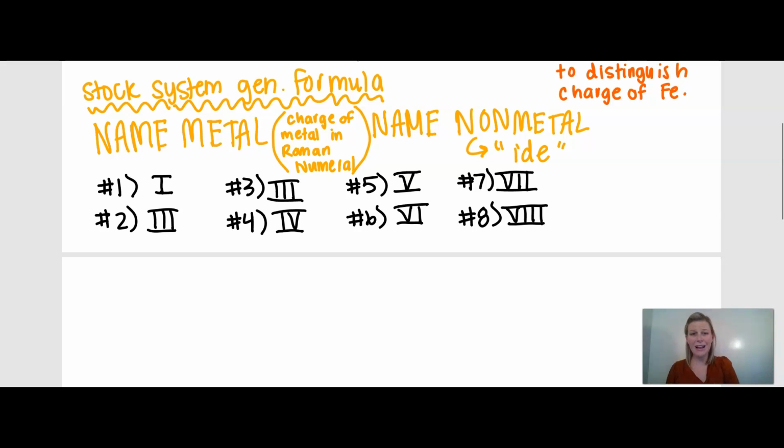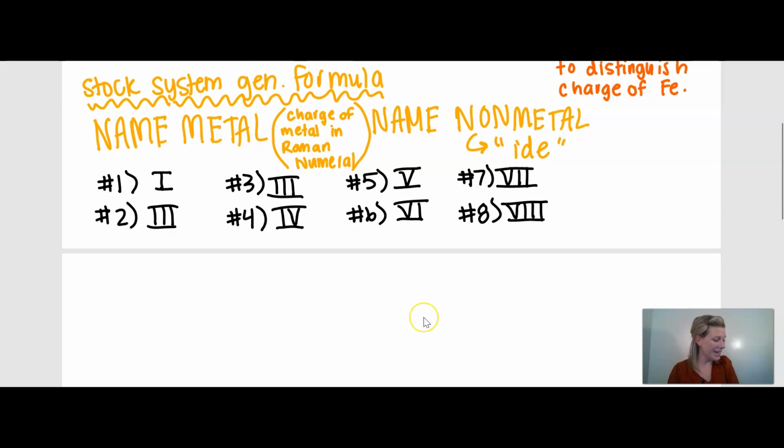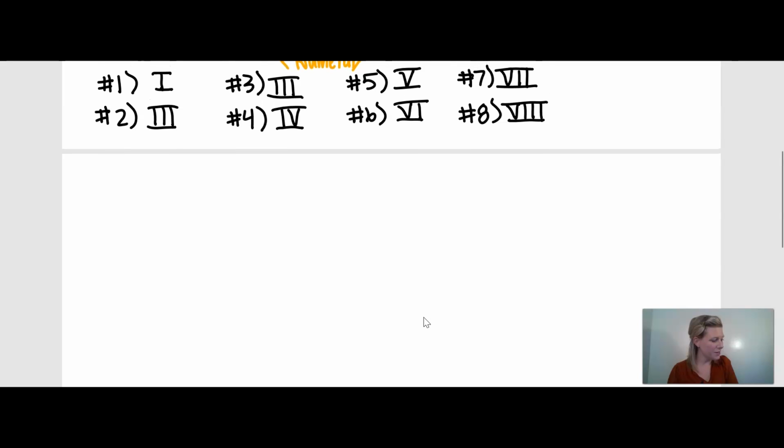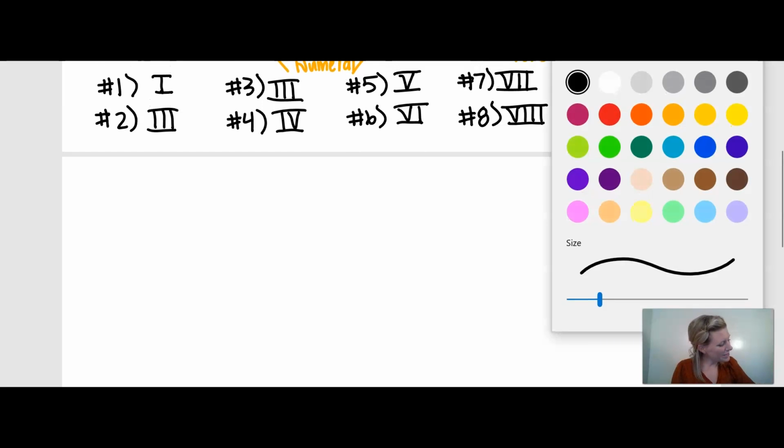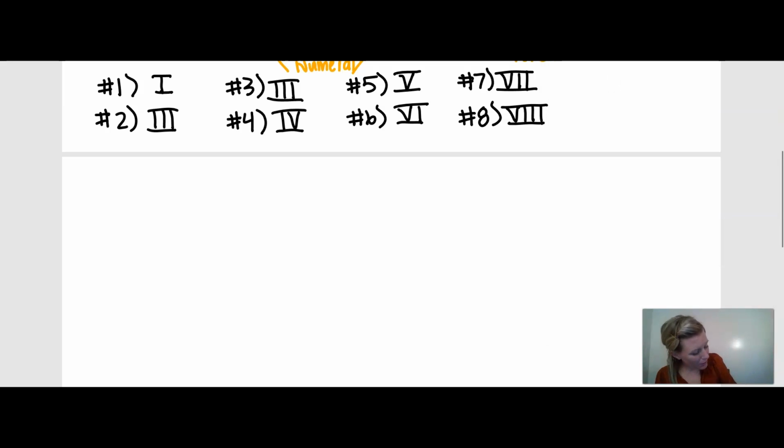Now, before I show you how to find the charge on that metal ion, let's do some just practice examples of the different formulas and their names. Okay, so I'm going to leave those charges up there, and I'm going to go through some specific examples. All right, so example number 1.